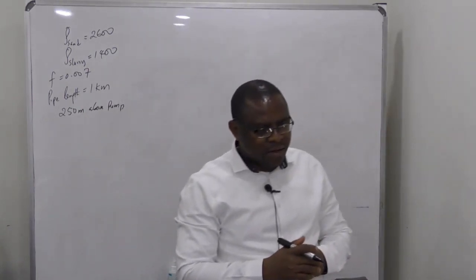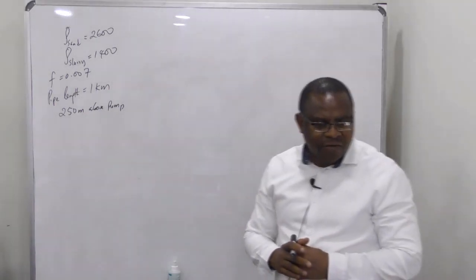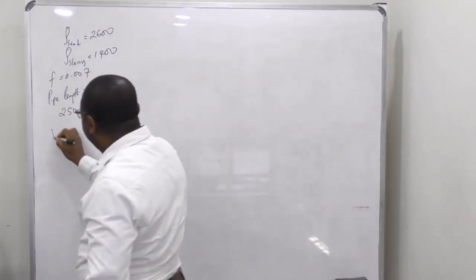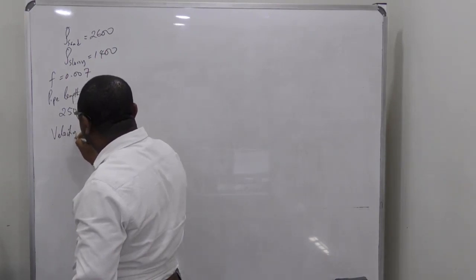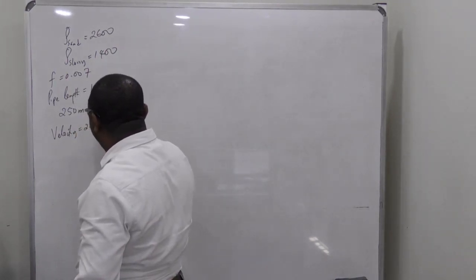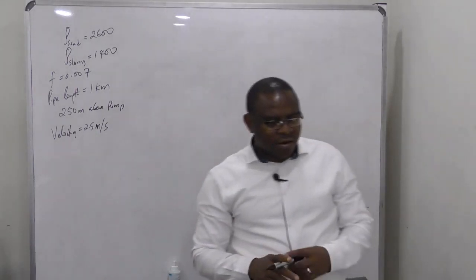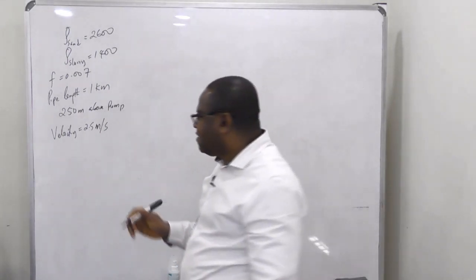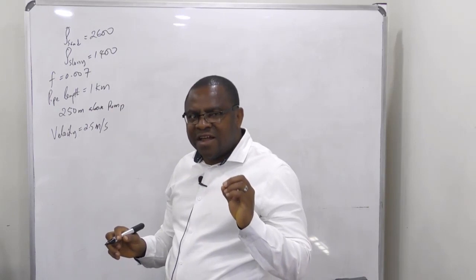Okay, and then assuming the flow of 2.5 meter per second to prevent settling velocity. For transfer rate of 50 tons per hour of dry sand.